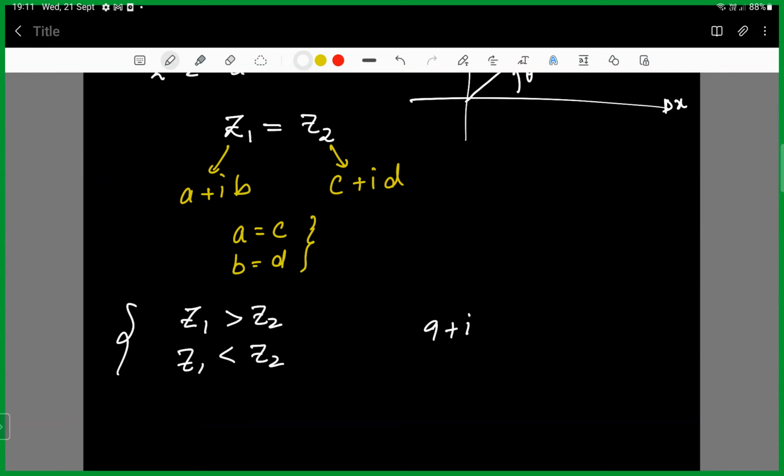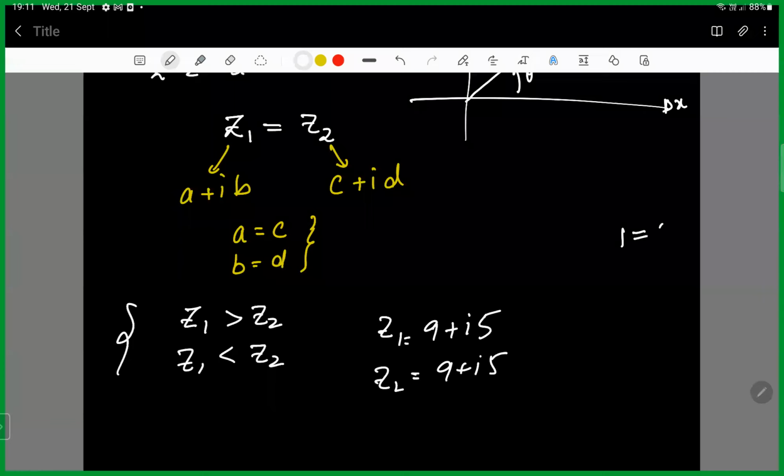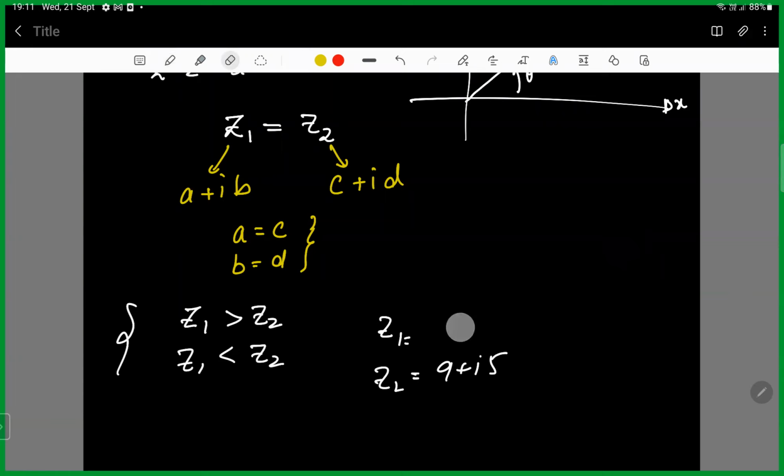Suppose from one equation you got Z1, from another equation you got Z2, and both are a plus iota b, like 9 plus iota 5. This is your Z1, and Z2 also you are getting 9 plus iota 5. So that's the only way it can be equal. Otherwise, it will not be equal. It's just like 1 can only be equal to 1. It's very simple. Just because we are studying complex numbers doesn't make it complex at all.